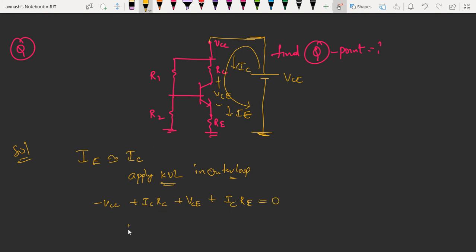Then what we get here? IC into (RC plus RE) plus VCE is equal to minus VCC, to the other side will be plus VCC.